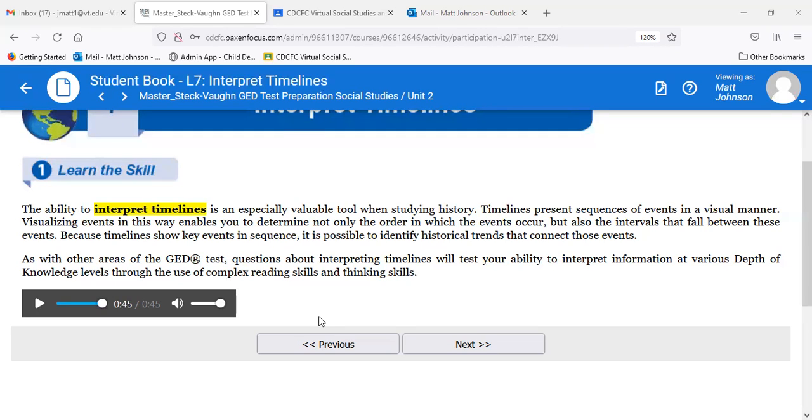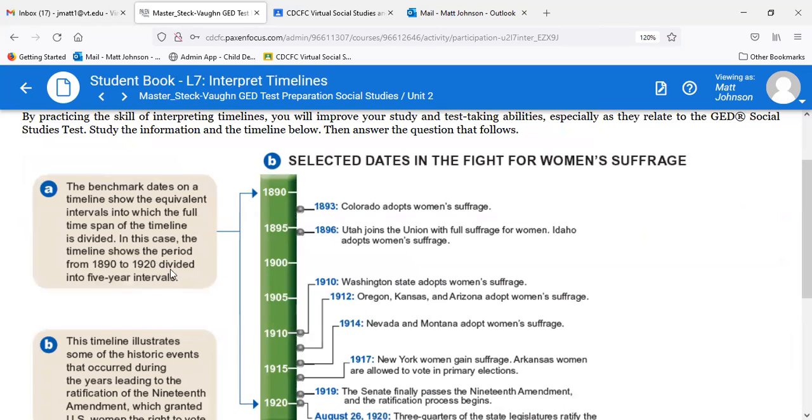When you actually have a visual line to look at, it really helps when thinking about order of events and cause and effect. If you can visualize it, just the same way we look at a map or we look at a table, those timelines are really helpful to understand history.